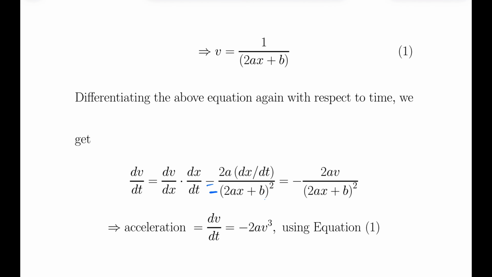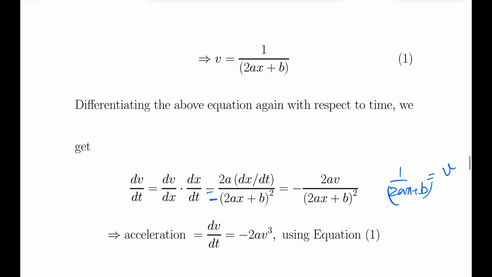And differentiation of v with respect to x from here gives you minus 2a upon 2ax plus b whole square. So this is minus 2av upon 2ax plus b whole square, or the acceleration dv upon dt is minus 2a times v, and 1 upon 2ax plus b whole square is nothing but v square.